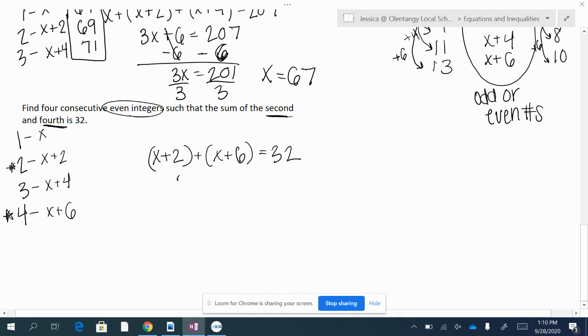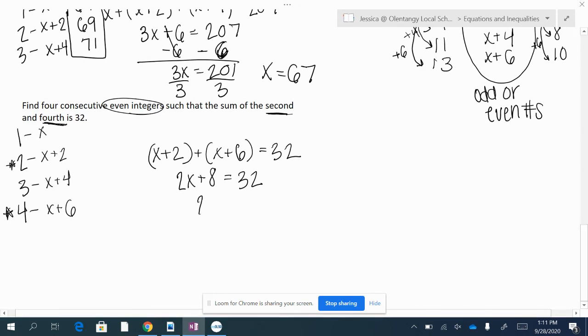Combining like terms, 2x plus 8 equals 32. And then 2x equals 24 and x equals 12. So there's x, and then I have to find the rest of my numbers: 12, 14, 16, and 18.